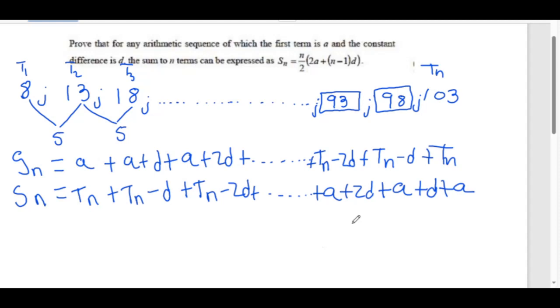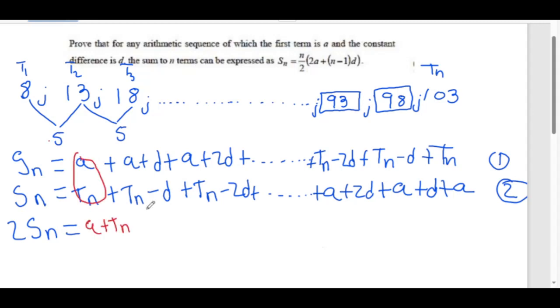And then from here we have 2Sn, so we're just going to add equation number 1 to equation number 2. Sn plus Sn gives us 2Sn. Adding the first terms gives a plus Tn.